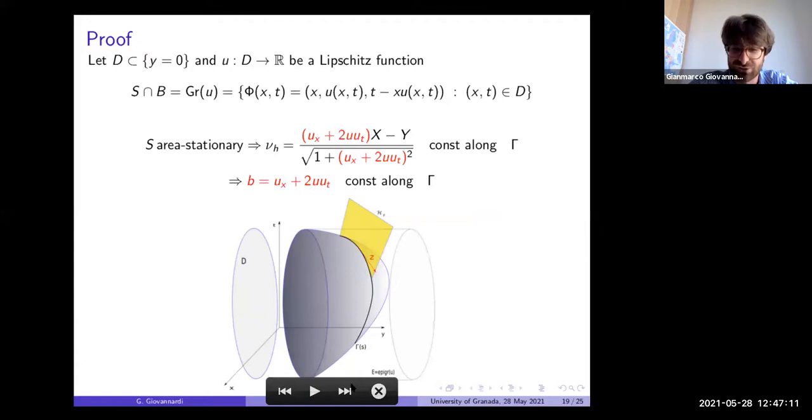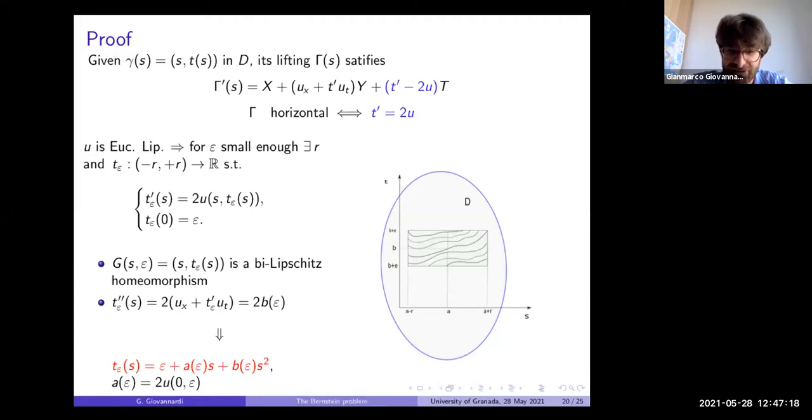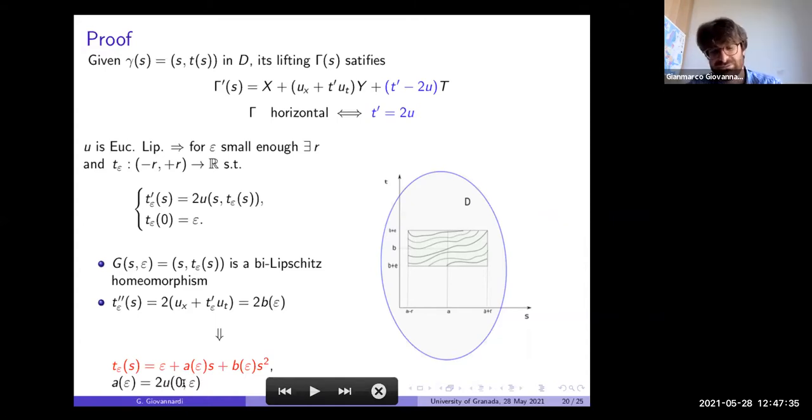This is constant for each fixed epsilon, and so by the Taylor expansion, we can write t epsilon, depending on s, as a polynomial of second order, where A is 2 times u at (0, epsilon), because when we evaluate at 0, we have this function A.